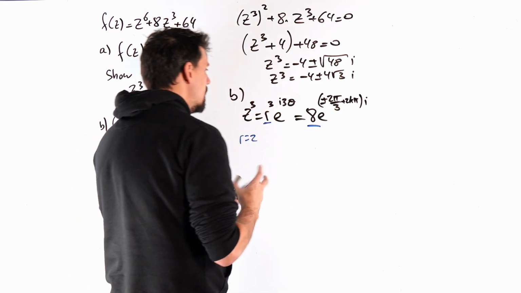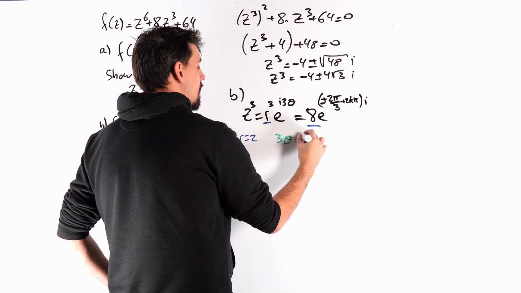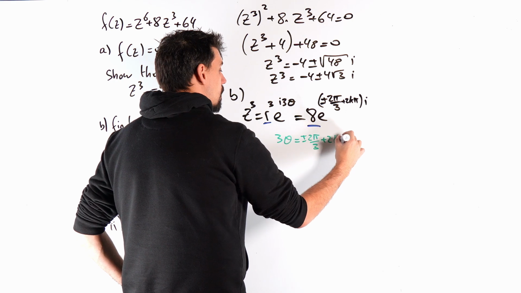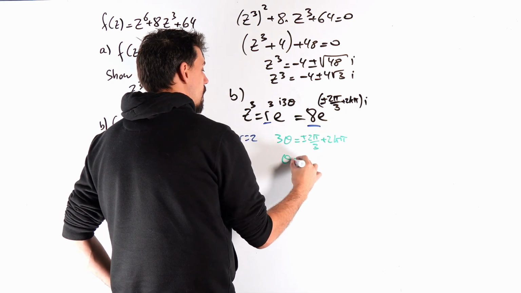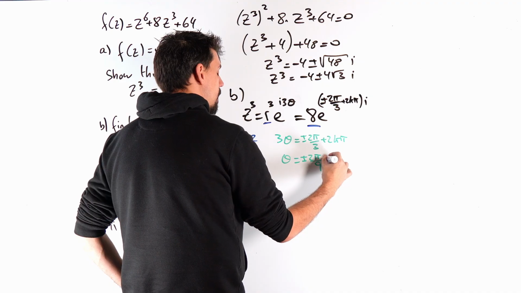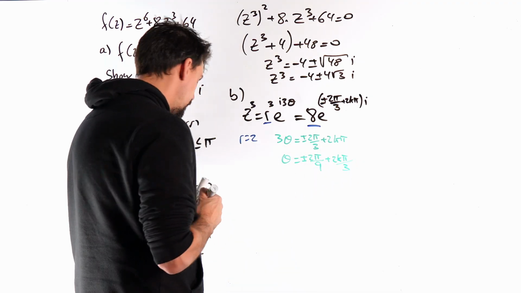And looking at the thetas, we can say that 3 theta is plus or minus 2 pi over 3 plus 2k pi. So theta is plus or minus 2 pi over 9 plus 2k pi over 3.